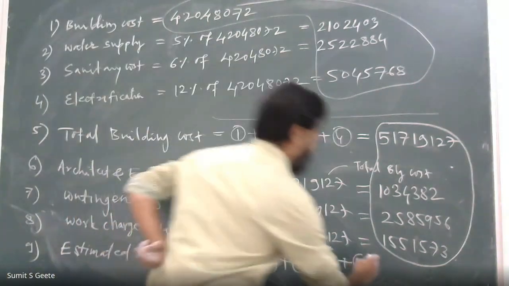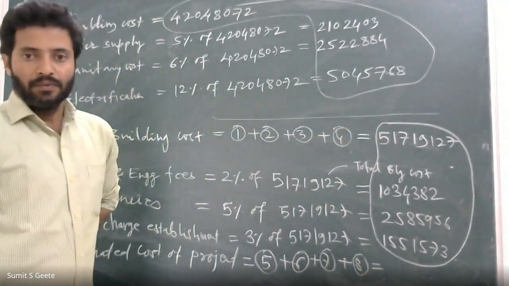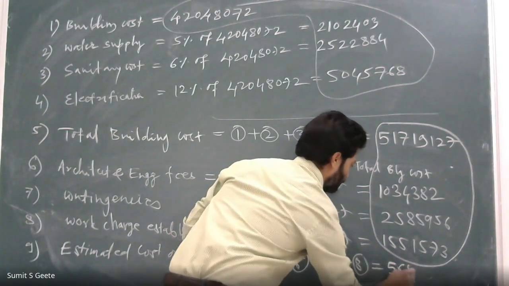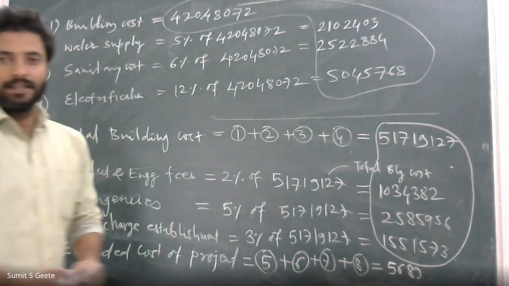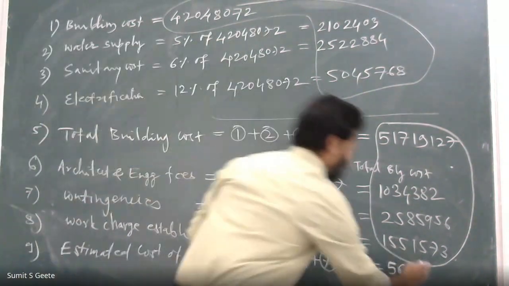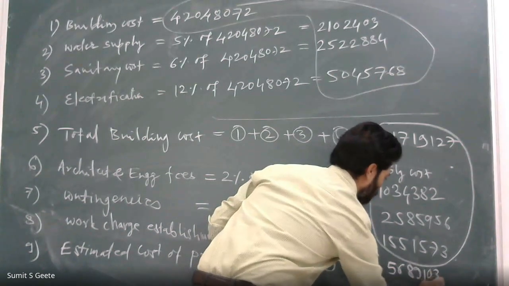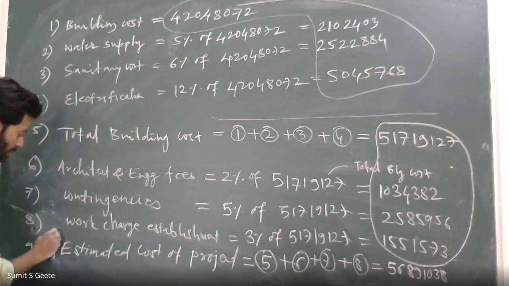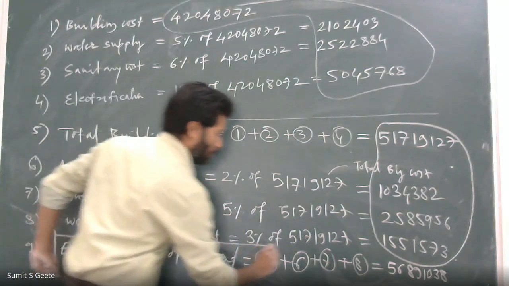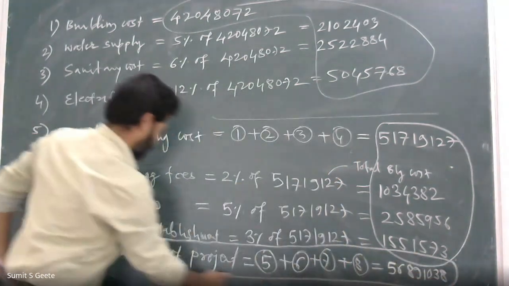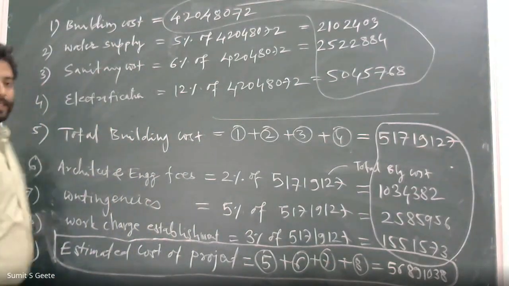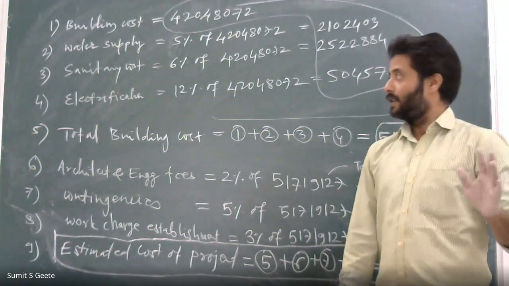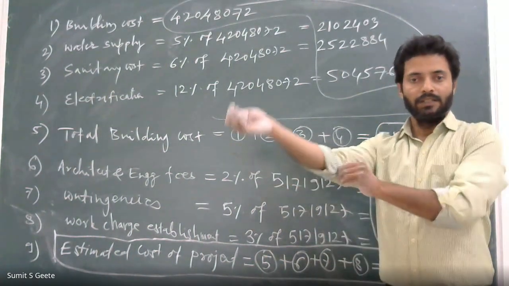So okay, therefore this is 5689, 1038. So this is the preliminary cost of the project. Is it okay? Fine. Any doubt in it?